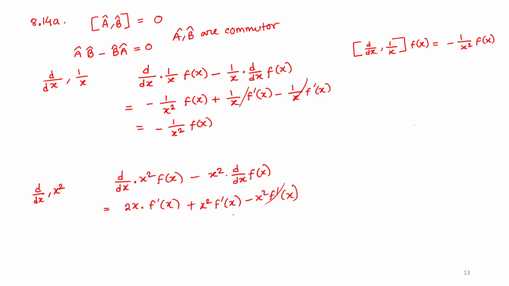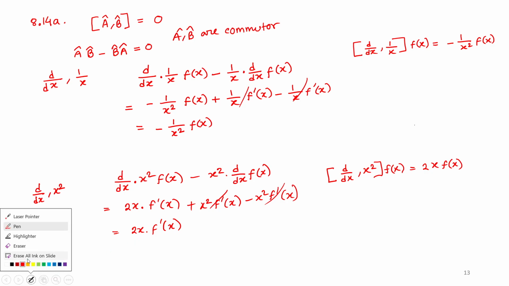These will cancel and we will get 2x into f dash x. So these two are also not commutators. What we are getting is that when d by dx x square operates on f of x, we will get 2x f of x. Okay, I have made one mistake here. So this is what the question was.